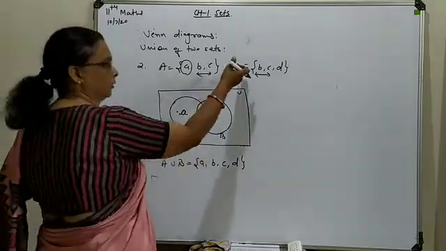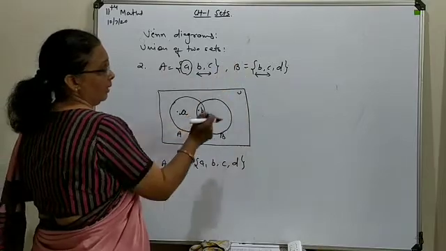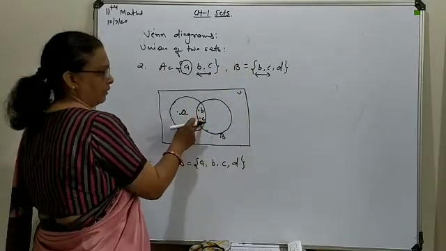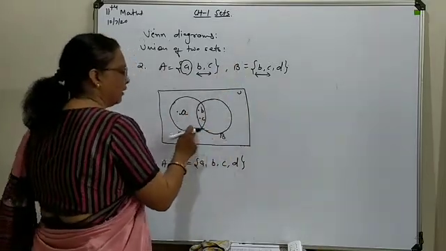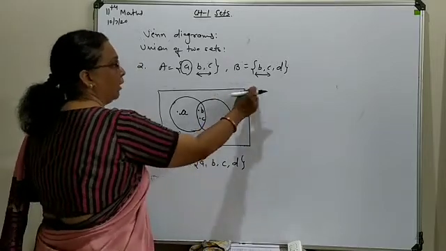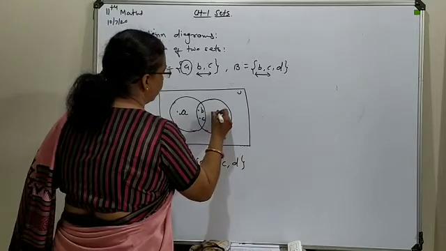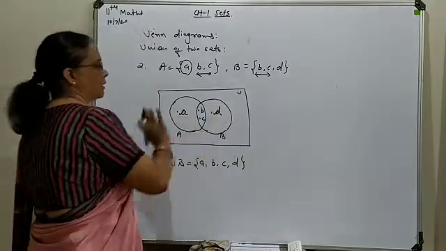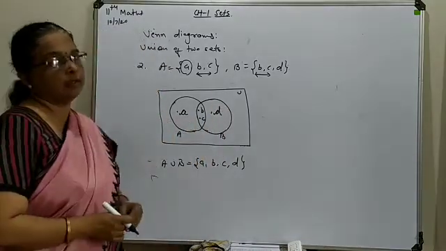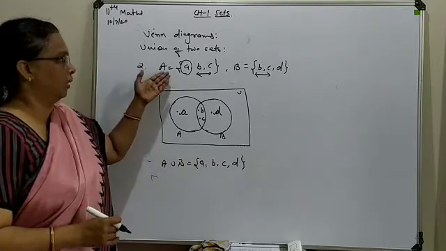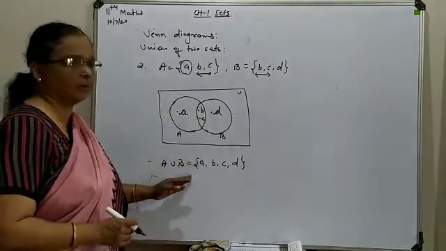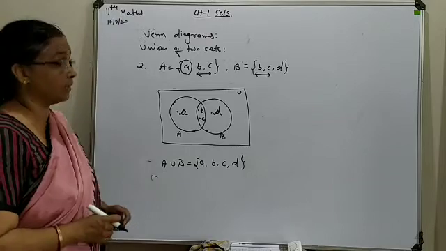Now move towards B, in which B and C we have written. Regarding this circular area for set B, only one element remains to write, that is D. So this way the common section represents the common elements for which you are going to represent the union. Now shading of the region.